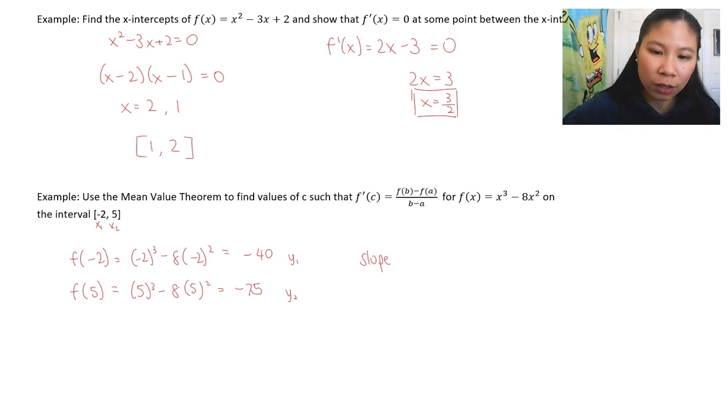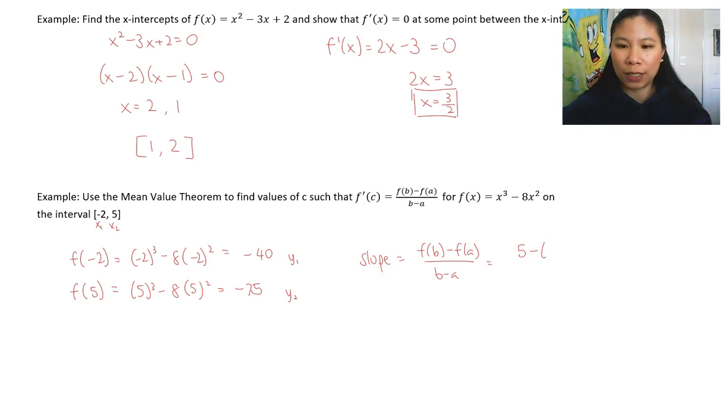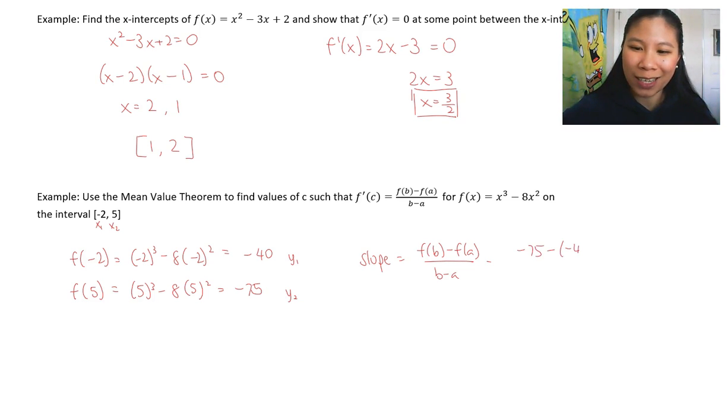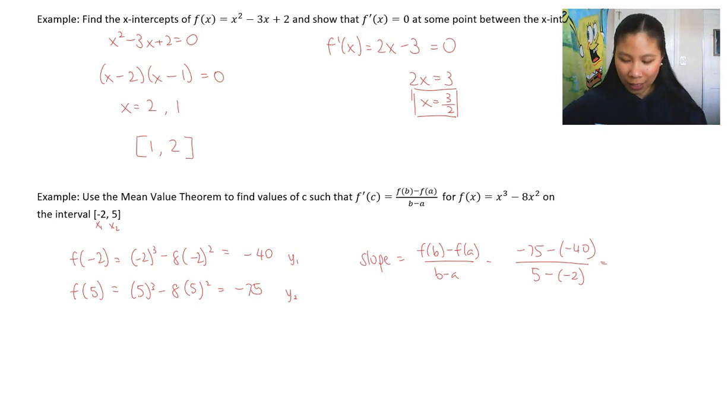So that means our slope, when we do our f of b minus f of a over b minus a, is going to give me -75 minus -40 over 5 minus the -2. Okay, and that'll end up with a slope of -5.